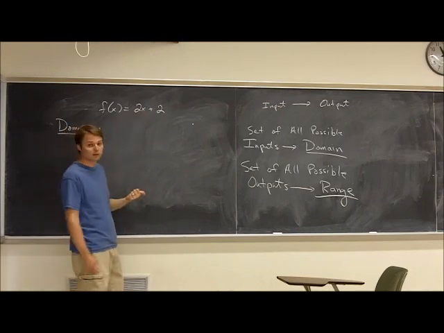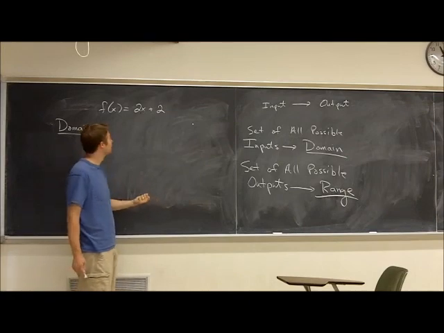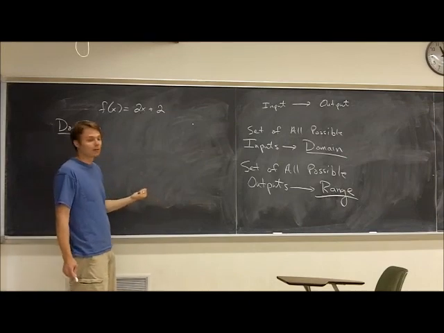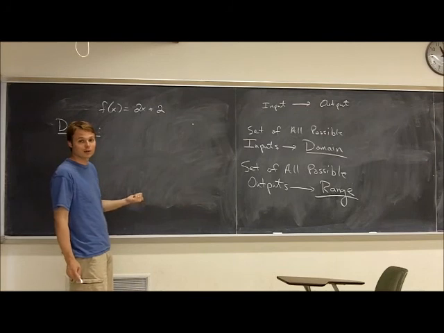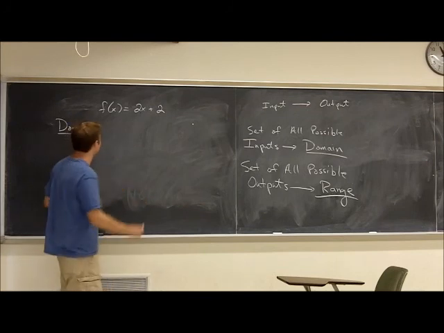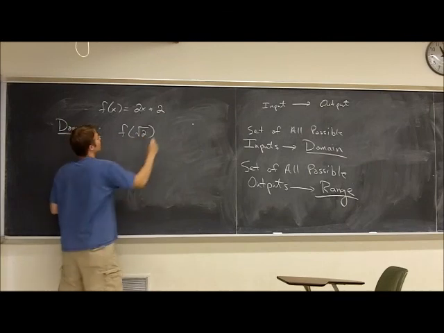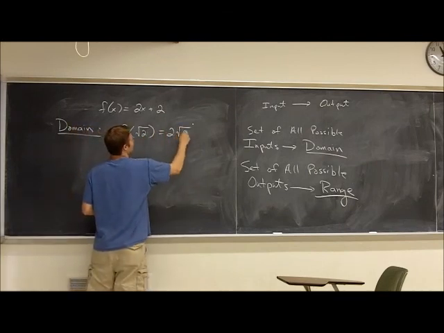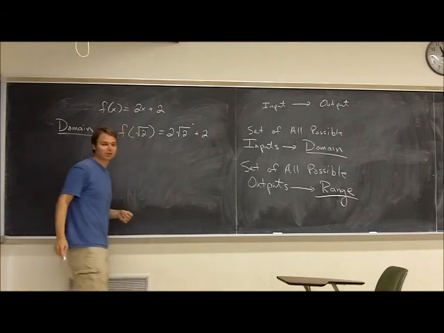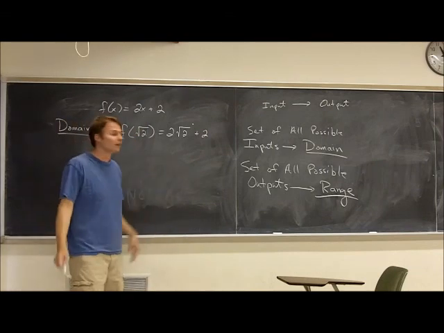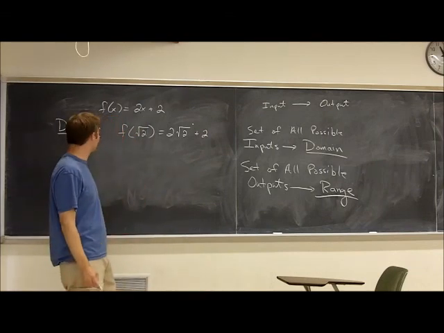If I put in positive numbers, that works fine, I'll also get an output. If I put in 0, that works fine, I get an output. If I put in fractions, that's fine, I'll still get an output. Even if I put in a number like the square root of 2, which is irrational, I'll still get an output of 2 times the square root of 2 plus 2, which is in fact a number, right? So that is an output, so that's okay.